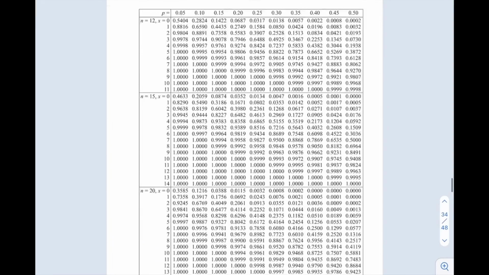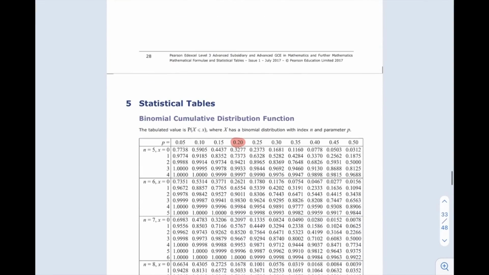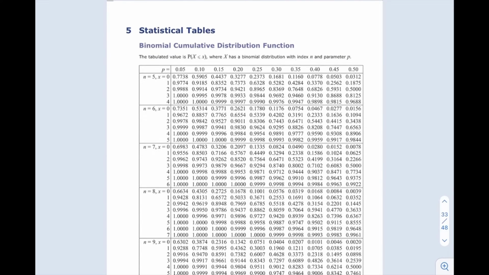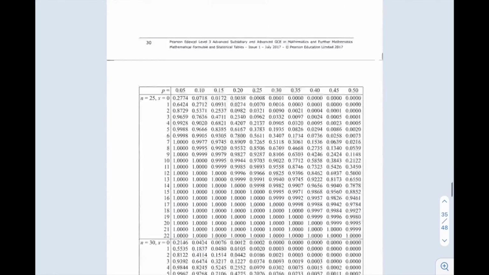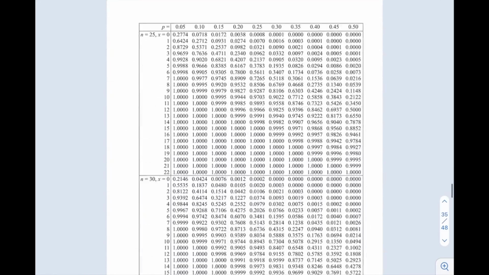The formula booklet shows you cumulative distributions for binomial random variables. And then you've got different values of the number of trials and different values of the probability of success. However, we can't use this table this time because the number of trials is 25 or 30, we don't have 28 in there.